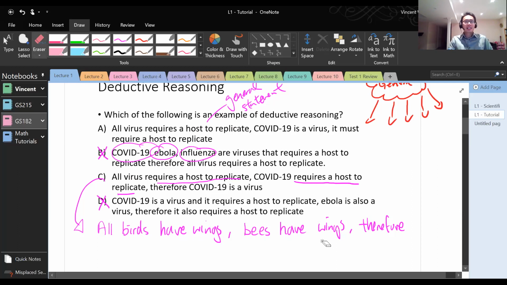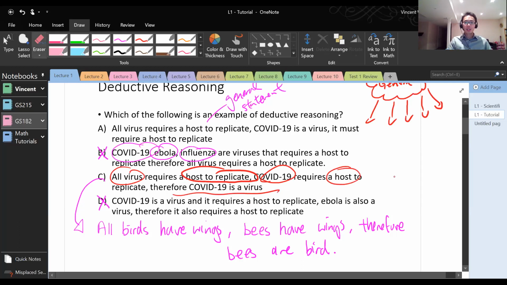First of all, this sentence mentioned nothing about flying, so we're not gonna put that in. And secondly, if you follow the logic, you see all birds have wings, bees have wings, therefore bees are birds, right? Do you see that? That's what this statement is essentially saying. They're saying all viruses require a host to replicate, and then COVID requires a host to replicate, therefore it must be a virus.